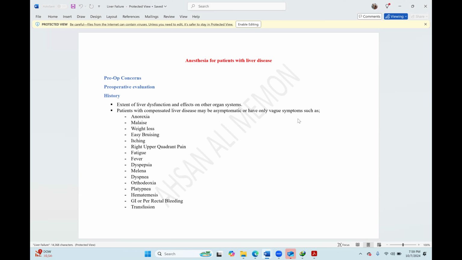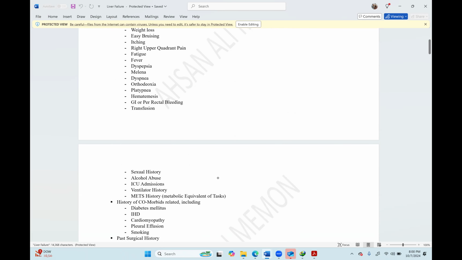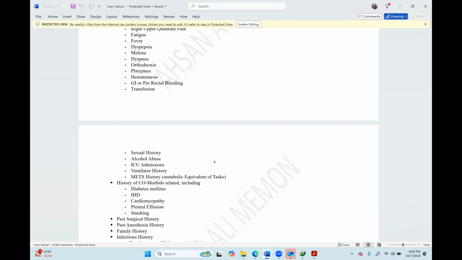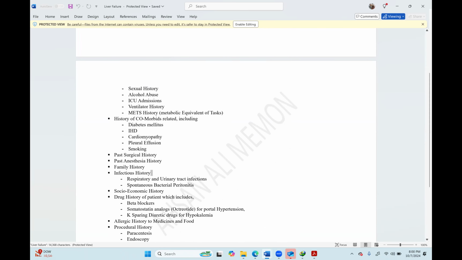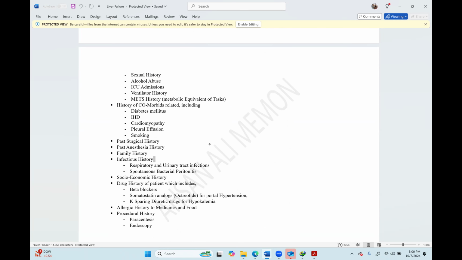So these are general symptoms which you can find in a patient with liver disease, like anorexia, malaise, weight loss, bruising, itching, right upper quadrant pain, fatigue, fever, dyspepsia, melena, dyspnea, orthopnea, hematemesis, upper GI, lower GI bleed, history of blood transfusion, sexual history, alcohol abuse, ICU admissions, ventilator history, and the normal metabolic equivalents, comorbids.